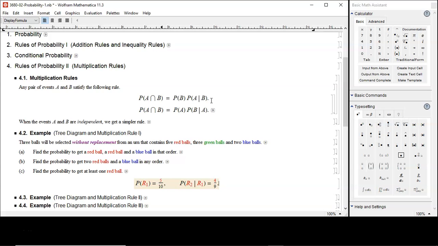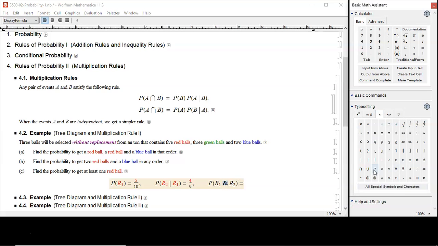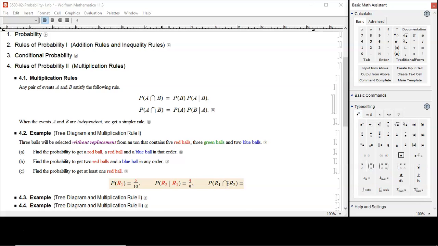Now, let us apply this multiplication rule. What is the probability that the first draw is red and the second draw is red? Well, I could have used intersection here, but by now everybody knows that means logically the same as and.